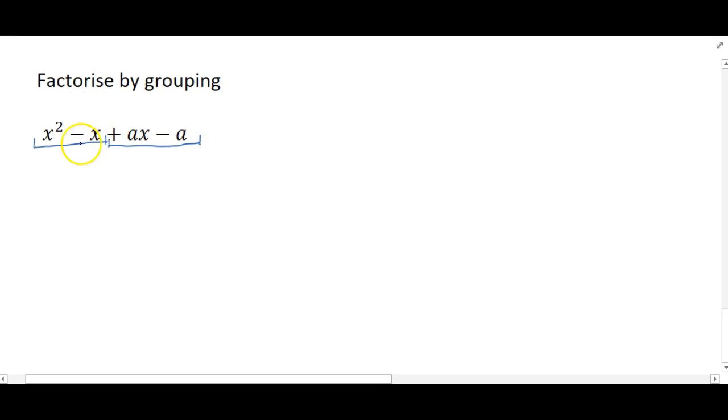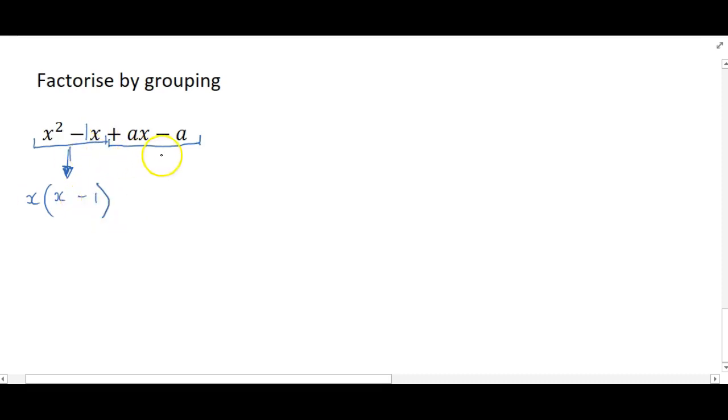Let's look at the first two expressions. There's a highest common factor of x. With these first two, we take out x and divide just like normal. x squared divided by x is x. Negative x divided by x is, remember there's a 1 there, so it's not 0, negative 1x divided by x is negative 1.